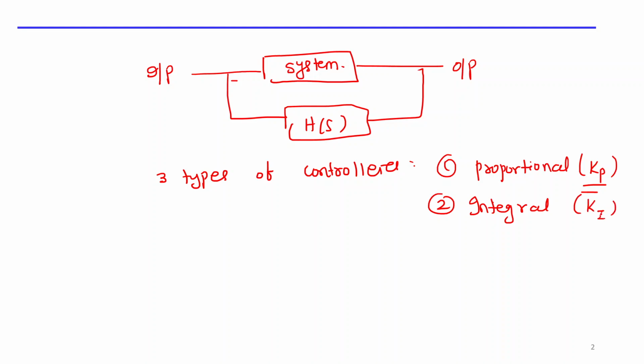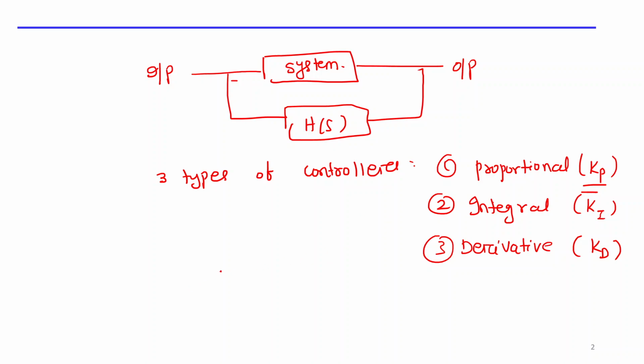Another one is the derivative controller, denoted by its coefficient Kd. Now, we will try to understand where you can use the proportional controller, the integral controller and the derivative controller, if you have already gone through the course. But in some systems you can use a combination of two or all three.